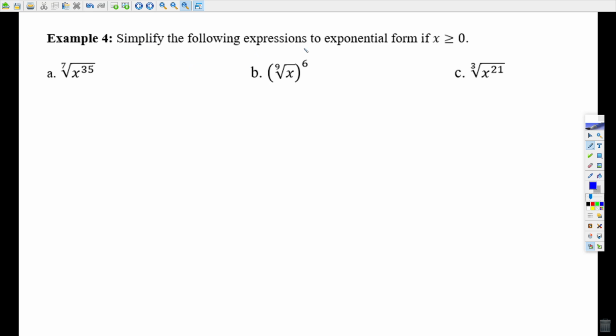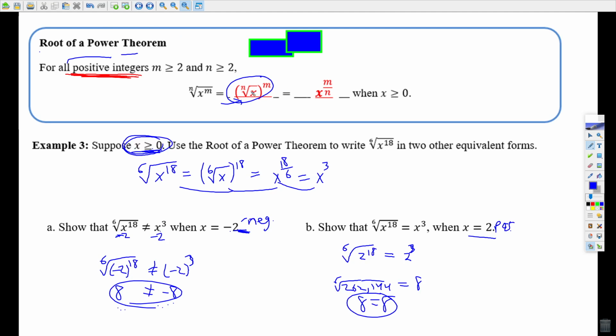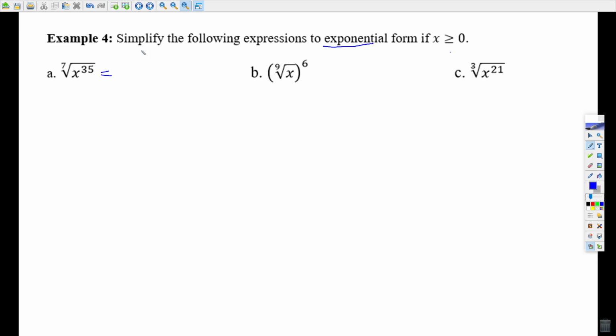Example 4, we're going to simplify the following expressions in exponential form as long as we have a positive number for x. So we're just going to change this, and our goal is to just change it into an exponent. So I'm going to kind of jump the gun and go from this, kind of skip this step, and go from this to this. So I don't need to write it out multiple times. So I'm just going to jump from x to the what power?